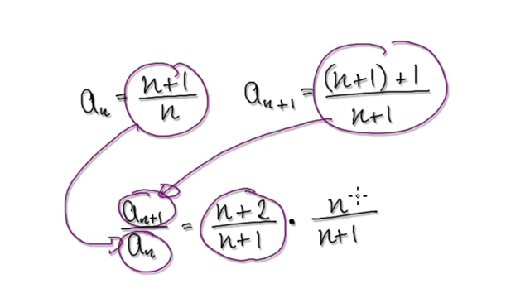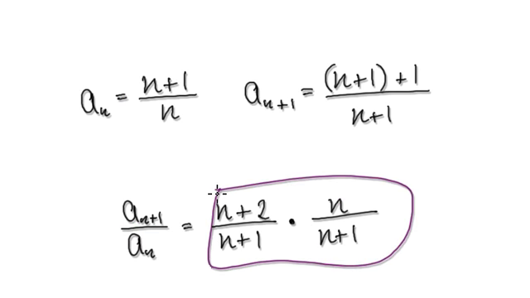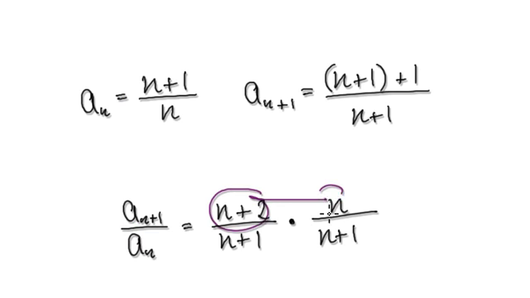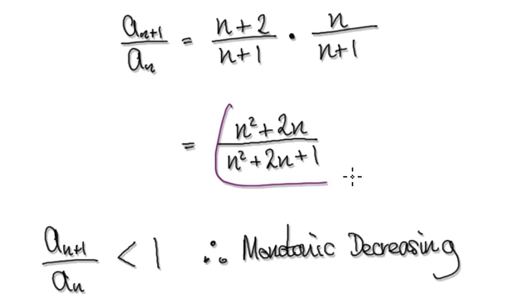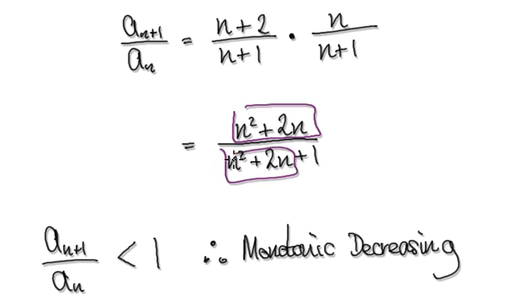Well, don't forget, and then you times the reciprocal of this thing here. Yeah, so that will then give you this. So now it's top times top, bottom times bottom. That will then give you this, and then you can see that this is exactly the same as this, but then you've got this extra tiny bit here.